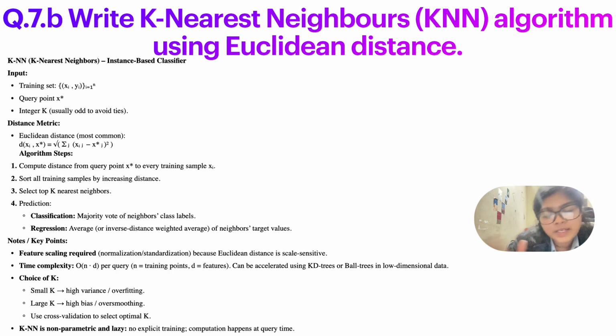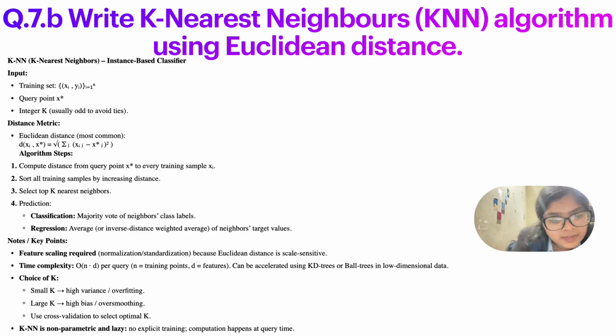If it is classification, then suppose we have chosen 5 points, the most frequent class will be chosen for classification, and if it is regression, then we calculate the mean of these 5 points. Here feature scaling is required, normalization or standardization, because Euclidean distance is scale sensitive.